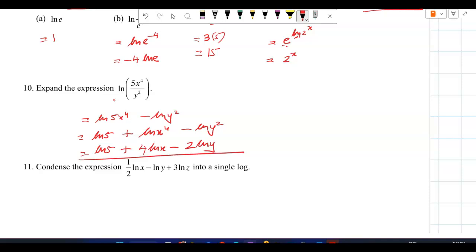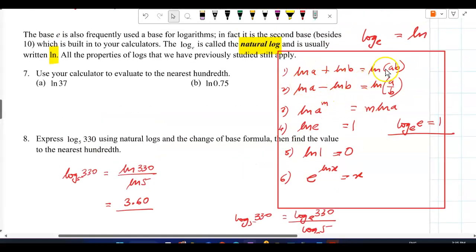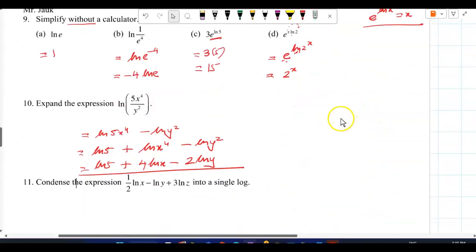Basically you just use the rules of logs that I gave you. Multiplication becomes plus, division becomes minus, and the power comes in front.